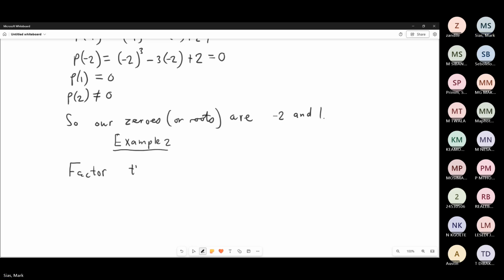So P of x is given as 2x cubed plus x squared minus 13x, and the last term is plus 6. And find all its zeros.